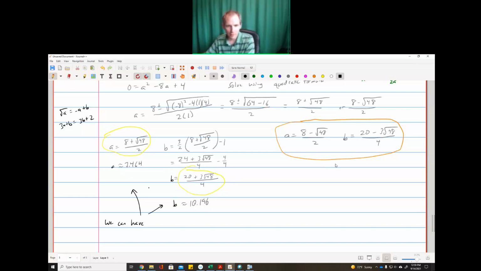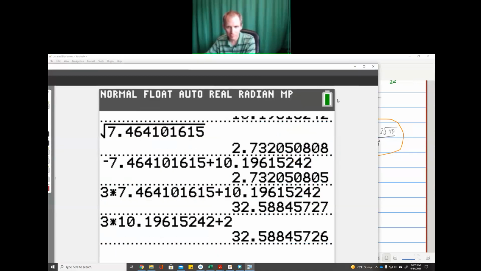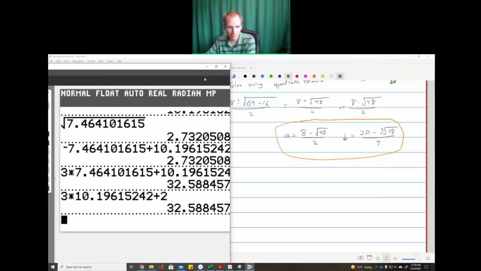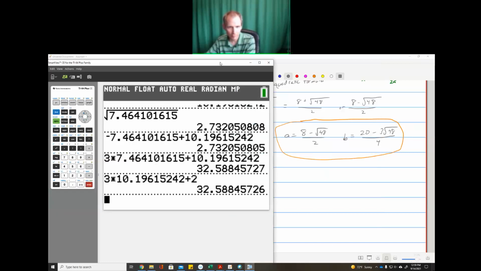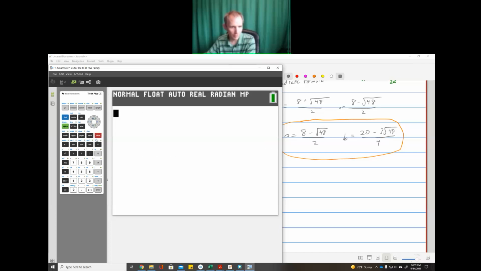All right, now let's look at the second one. Calculator over a little bit. If I compute A, we have 8 minus the square root of 48 divided by 2.